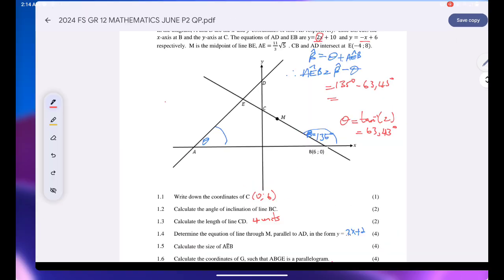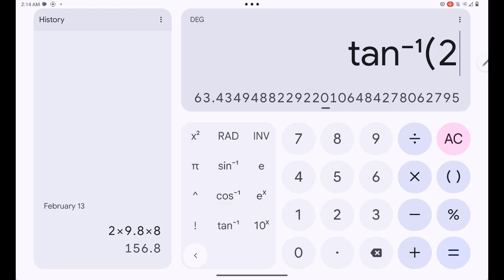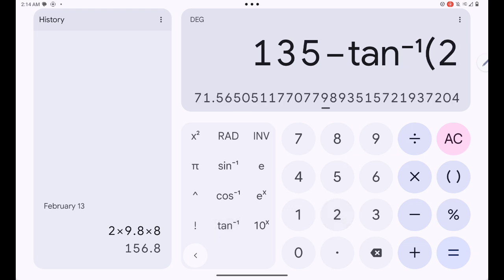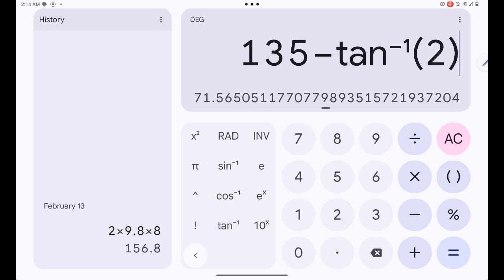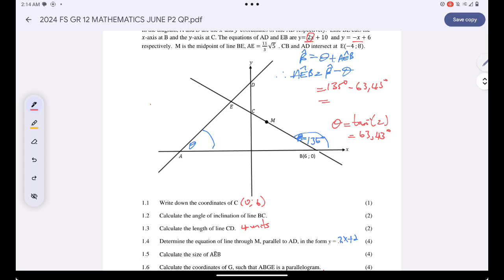What do we get? 135 minus 63.43, we've got 71.57 degrees. So this angle here is 71.57 degrees.